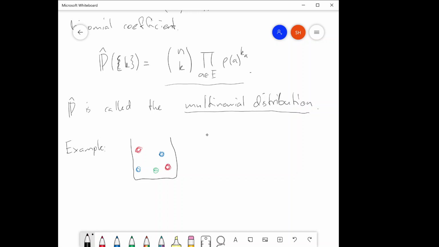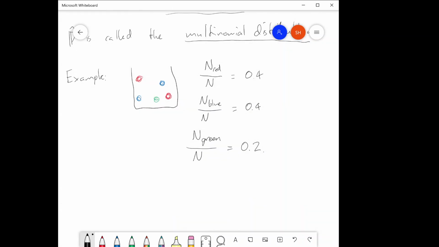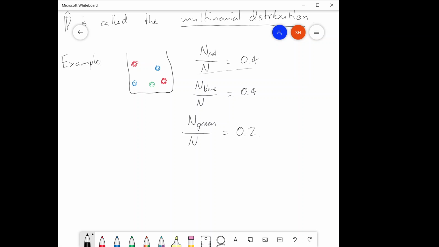Okay, so n of red divided by n is 0.4, n of blue on n is 0.4, and n green divided by n is 0.2. Maybe we'll scale this up so that there are, say, 200 blue balls, 200 red balls, and 100 green balls. But the point is that, as we've seen, whatever we figure out is only going to depend on these numbers.